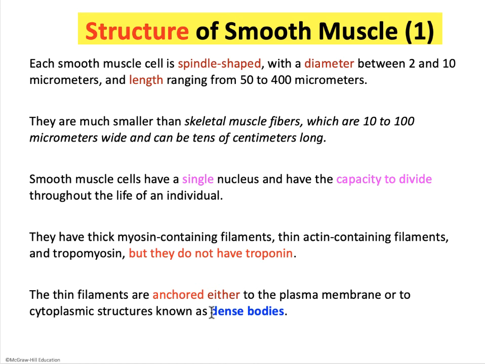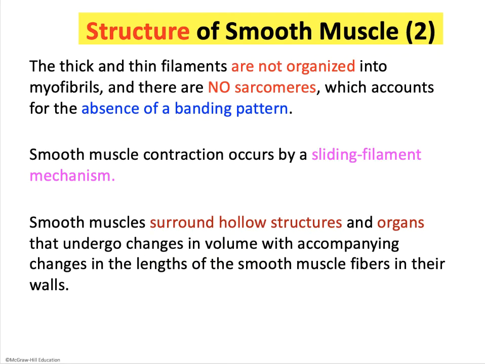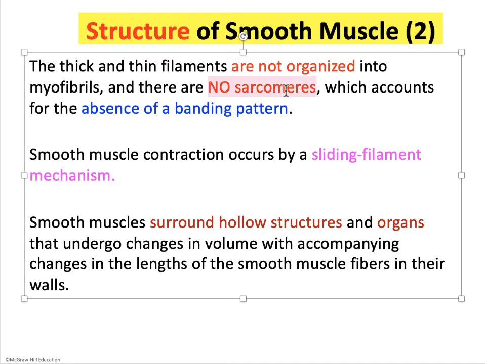Finally, there are some special proteins called dense bodies, which allow the thin filaments to be anchored to the plasma membrane, therefore transmitting the mechanical force. The internal cellular organization of smooth muscle cells does not give rise to myofibrils. Therefore, there are no sarcomeres within these cells.